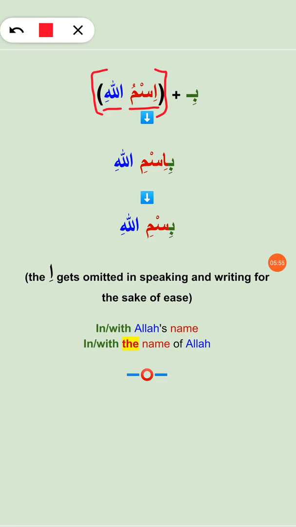Now it is actually bi ismillahi, but since it's not too easy on the tongue to say bi ismillahi, this hamza gets omitted in speaking as well as writing. So we say bismillahi: in the name of Allah, or in Allah's name.